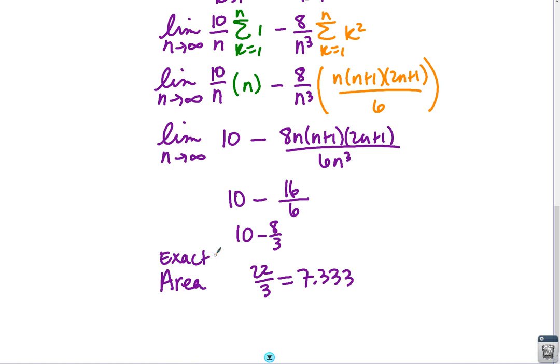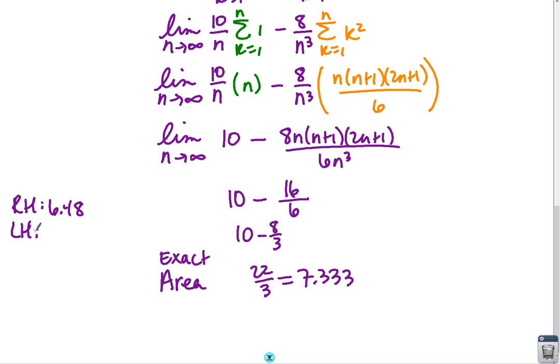Now this is close to what we had yesterday when we did our right hand approximations. Let me see if I can pull those up real quick. For the right hand, we had 6.48. Left hand, I believe it was 8 point something. I am on the wrong page, hang on.